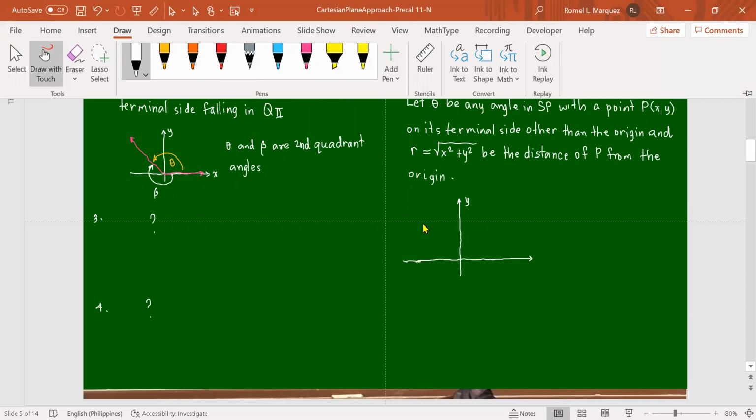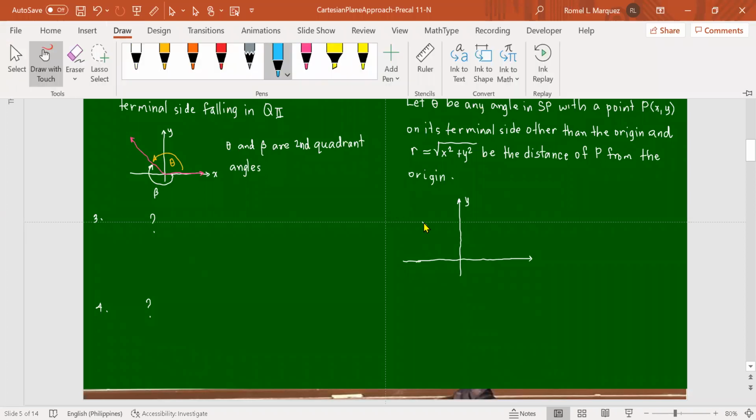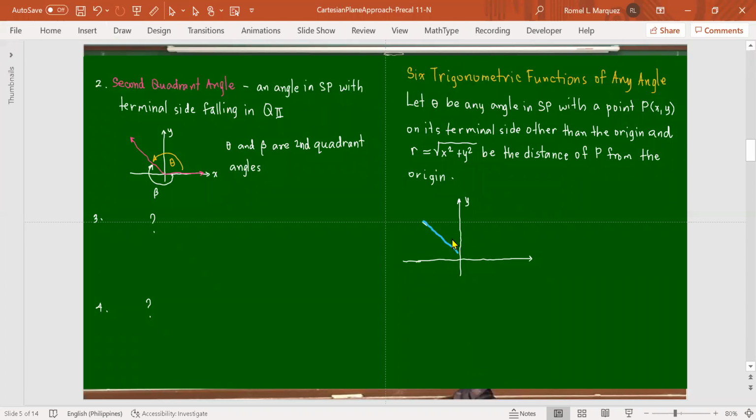Let my angle be here. The terminal side is here, and this is the initial side.